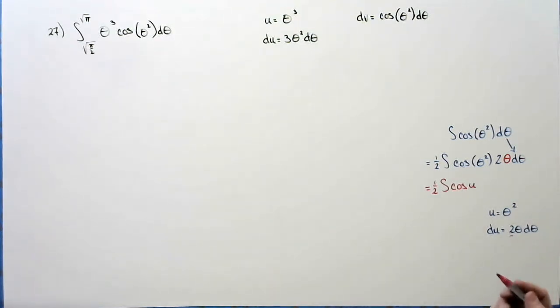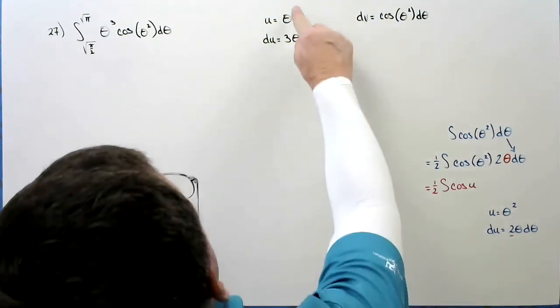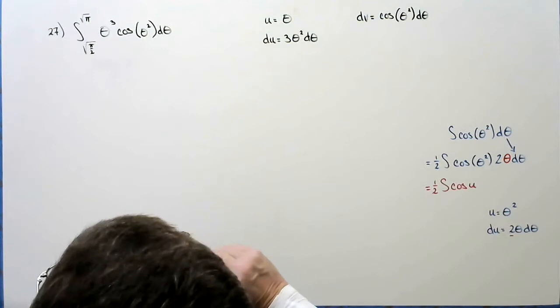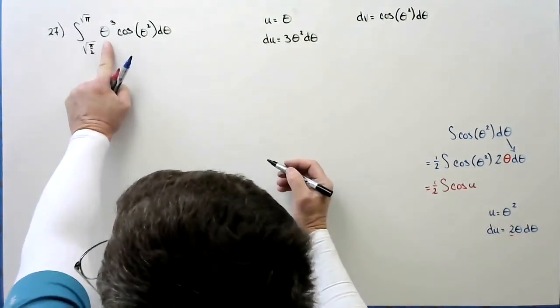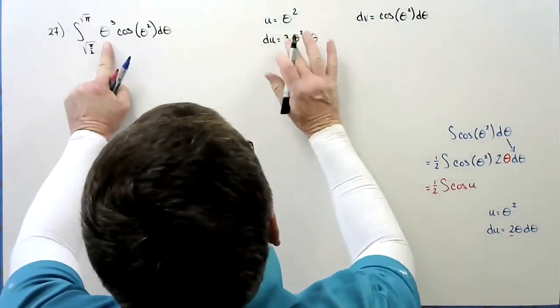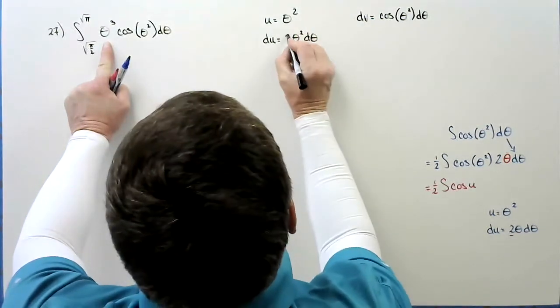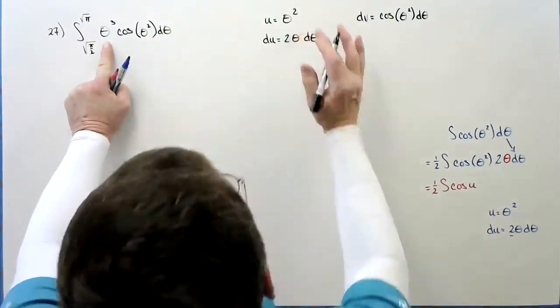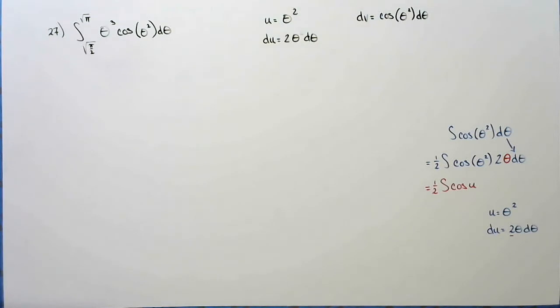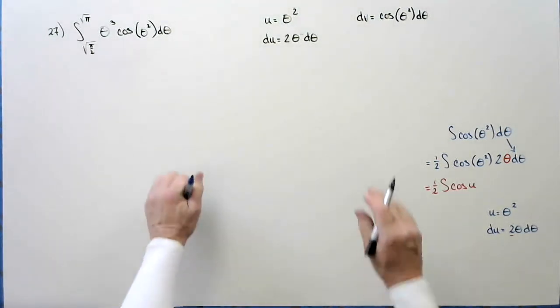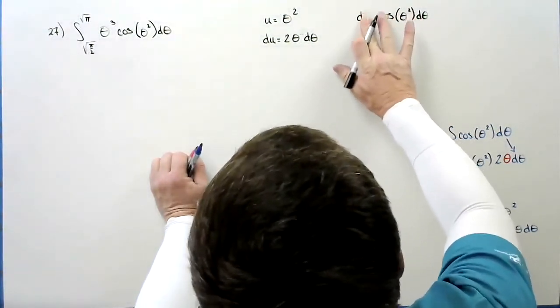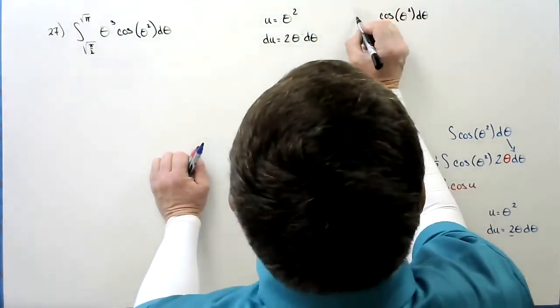Well, we can't introduce a theta in the problem. But what we can do is go back to our original problem where there were 3 thetas. Let's use 2 of them for du. And if we use 2 of them for du, we have to account for all 3.